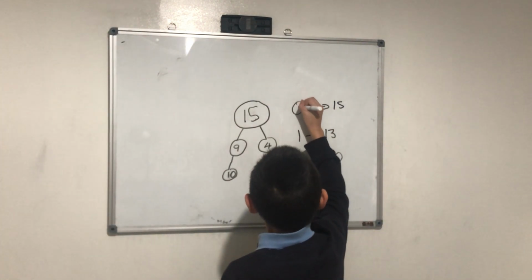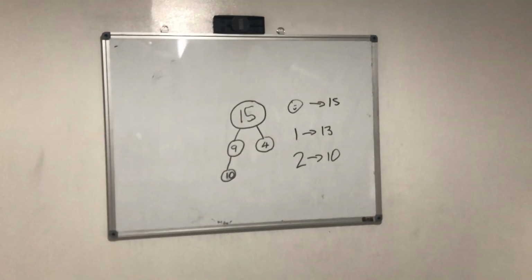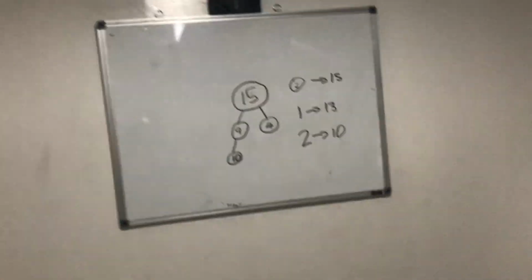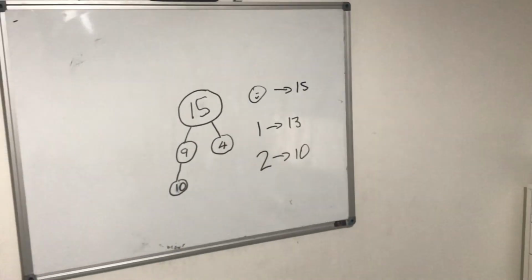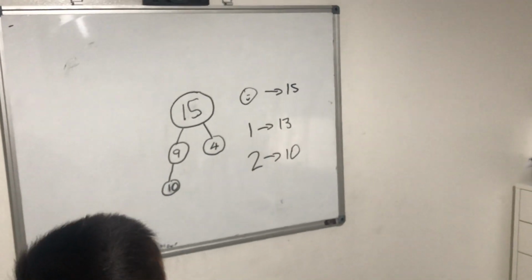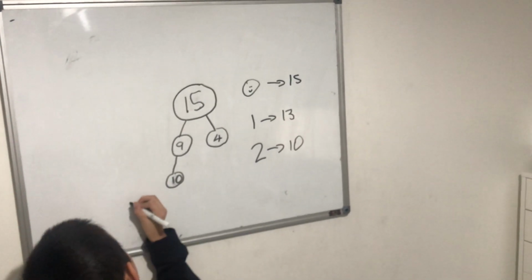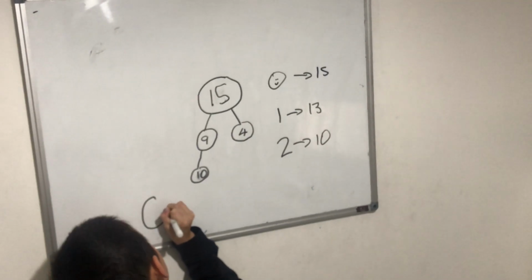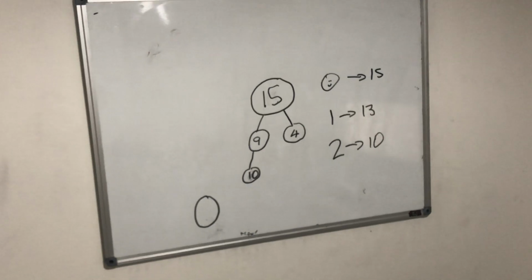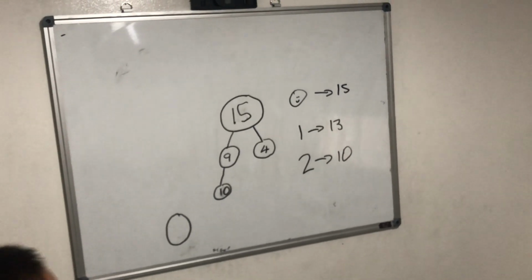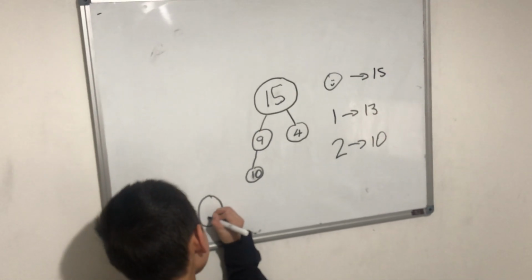So what algorithm are we using? Breadth-first search. What's breadth-first search? Level by level. And what kind of data structure are we using? A queue, first in first out. In Python, how are we creating a queue? Double-ended, deque. Yes, deque.